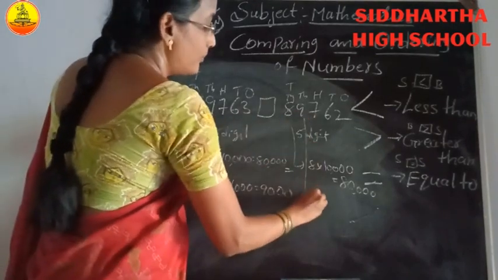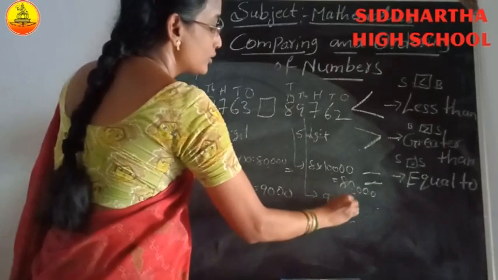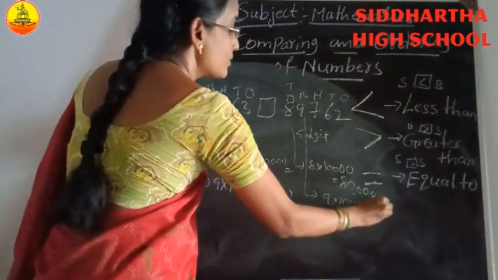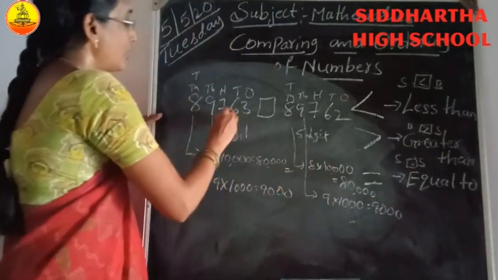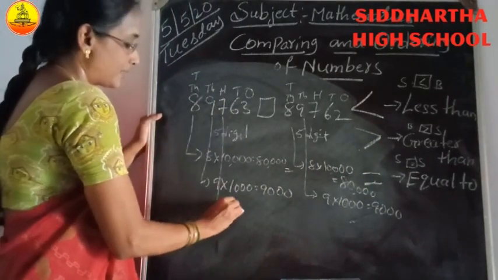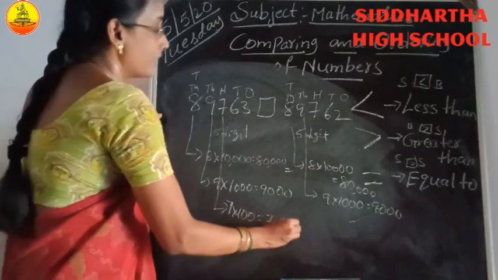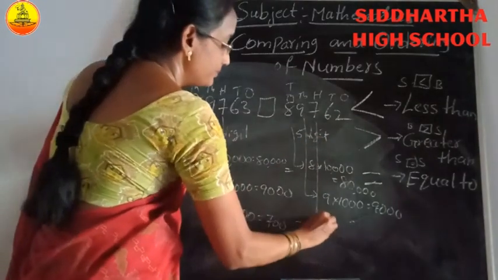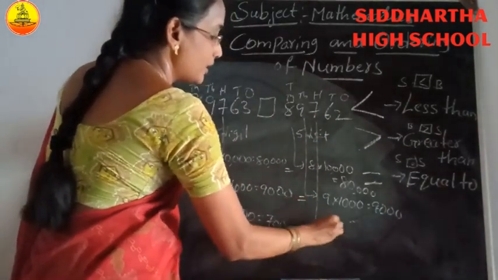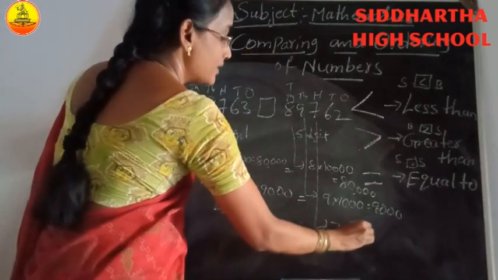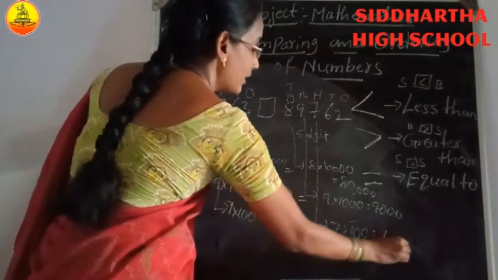Next, this also is 9 into 1,000, 9,000. Now here 7. 7 into 100 is equal to 700. Here this is also the same, 7 into 100 is equal to 700.